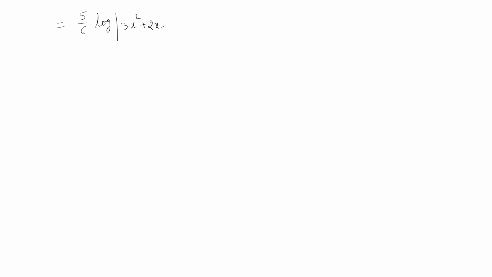And then it is minus 11 by 3 times integral dx upon 3x square plus 2x plus 1.